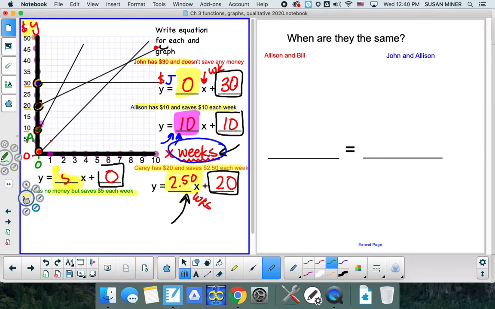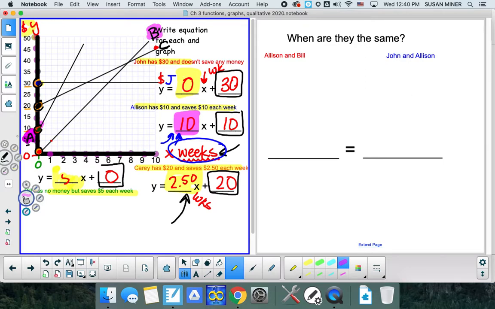Here's Carrie. Here's John. And then Allison is over here. And let's see. Where did Bill go? Oh, Bill. Okay. All right. So I want to compare Allison and Bill.